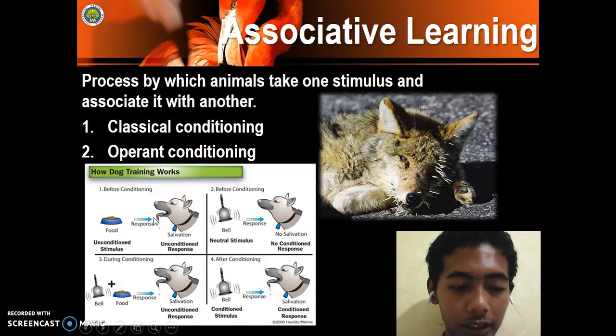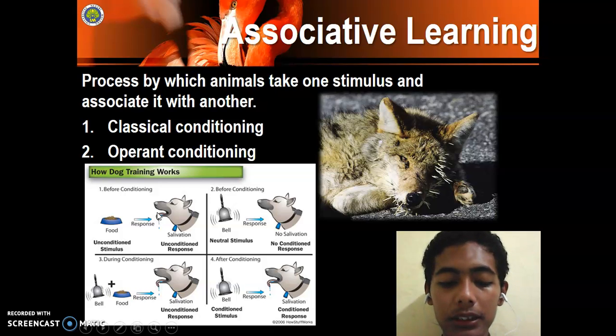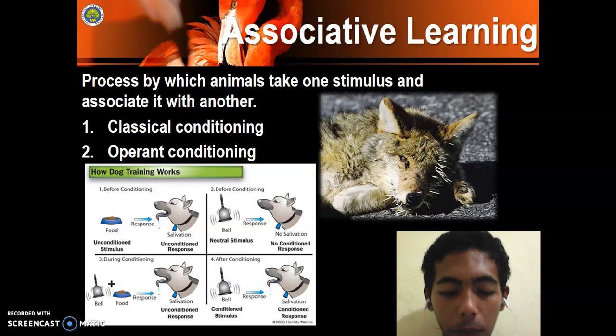Classical conditioning is a form of learning where a conditioned stimulus becomes associated with an unrelated unconditioned stimulus in order to produce a behavioral response known as the conditioned response.